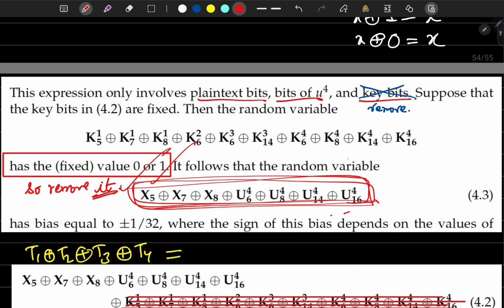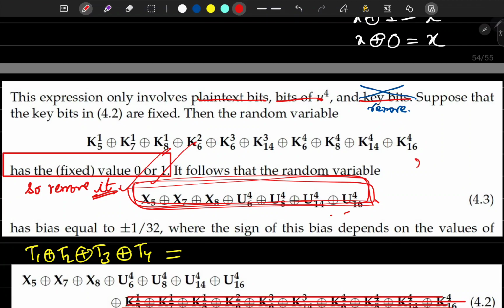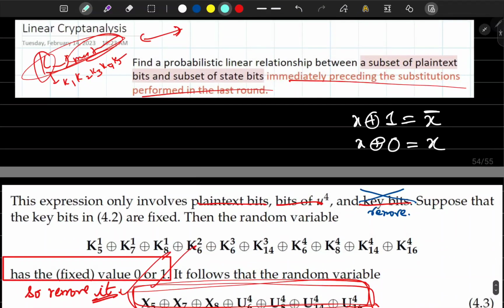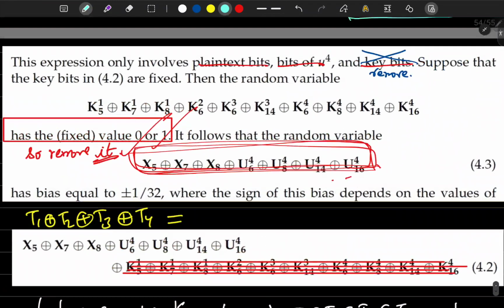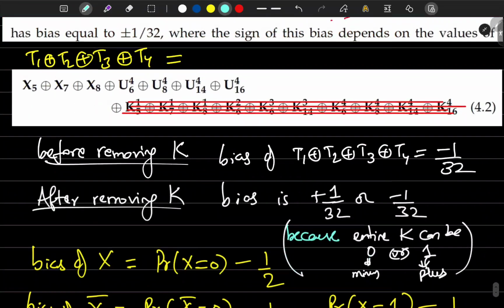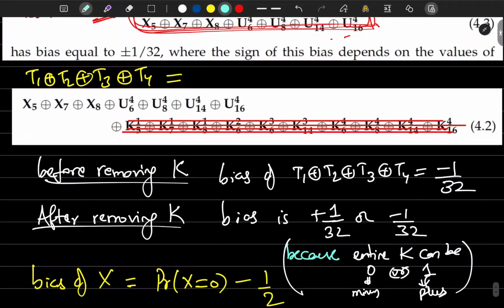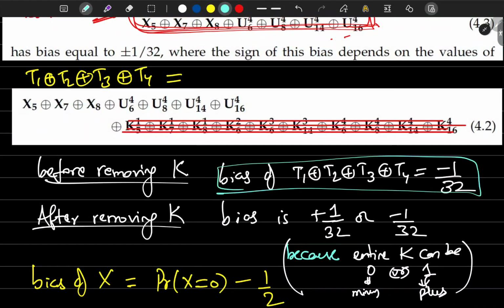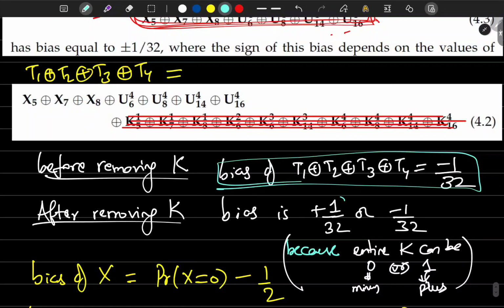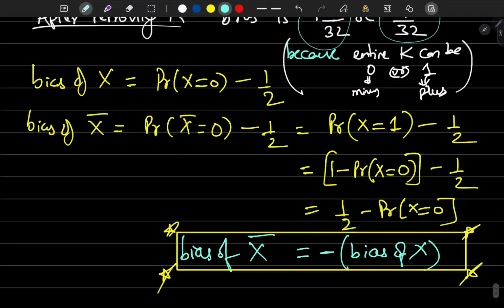Why we are writing like this: this value can be thought of as 0 or 1, bro. And you know this small property, right? XOR with 0 gives x only, XOR with 1 gives x bar. So for this random variable it can be like this. You can see I have written very clearly that before removing k, the initial bias of this whole value is -1/2. After removing k, the bias can become +1/2 or -1/2. Why? Because of this thing.